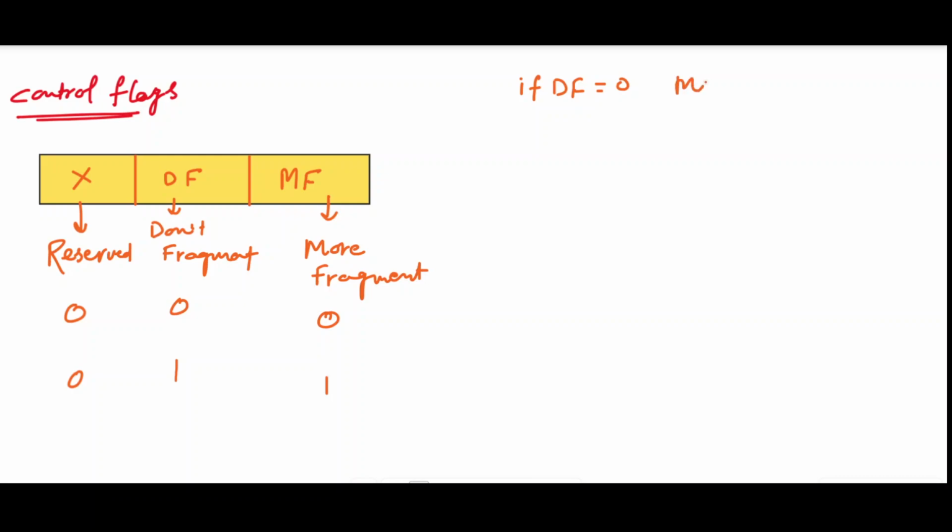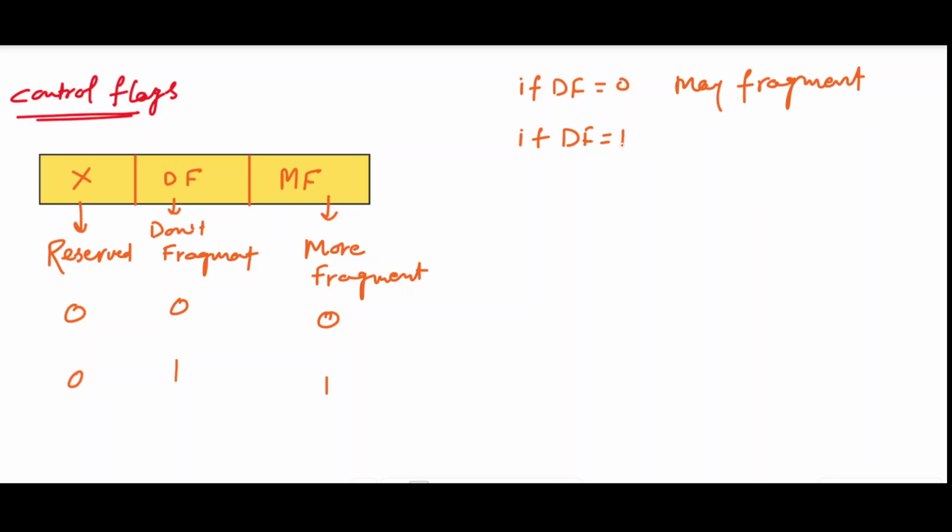It means may fragment: fragment the packet, divide the packet. This is it. Now if DF is true, that means 1, this bit is used.